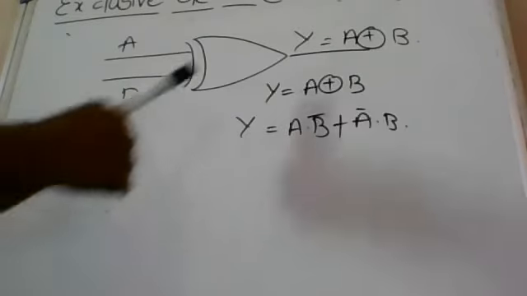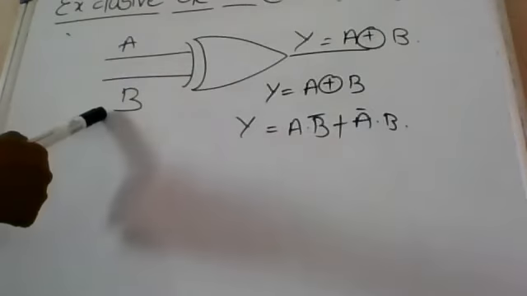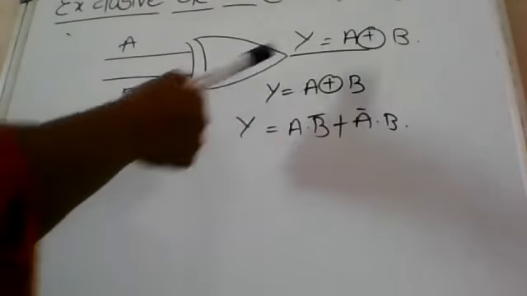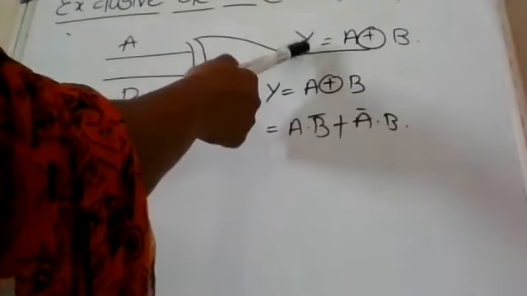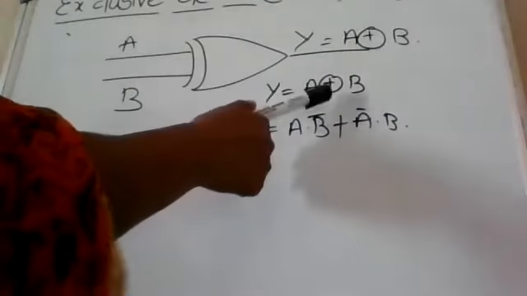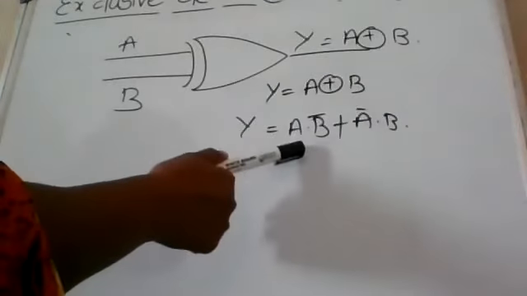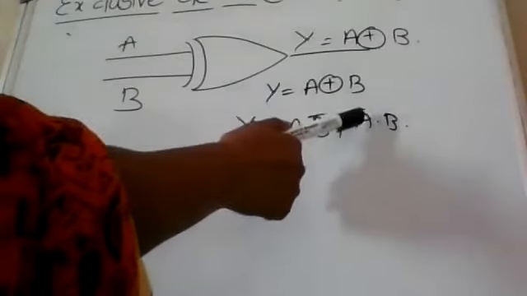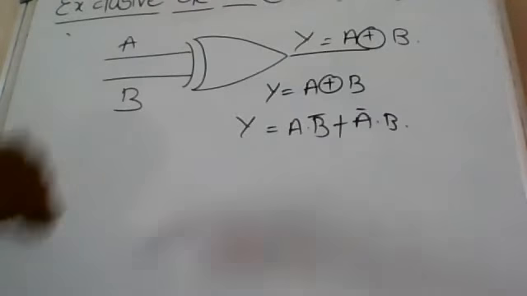So if A comma B are inputs of XOR gate, then output Y equal to A exclusive operation B. If we expand this operation, then we get output Y equal to A dot B complement plus A complement dot B. This is the output.